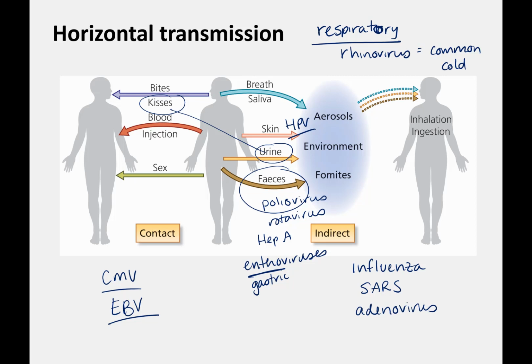We'll talk about that virus this semester. Herpes viruses can be transmitted through skin, kisses, saliva, sex, some of the hepatitis viruses, HIV, Zika. So there's a lot of different viruses that fit all these categories.